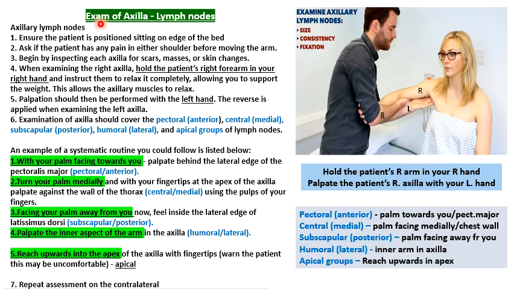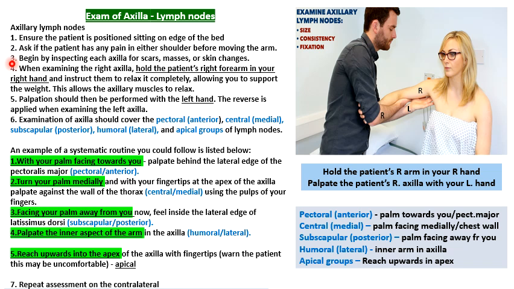Next, after examining the breast, the other important thing in breast lumps is to examine the axilla for lymph nodes. These are the various methods. Ensure the patient is positioned well. The best position will be the patient sitting on the edge of the bed, and you stand in front of the patient. Ask if the patient has any pain in either shoulder before moving the arm.